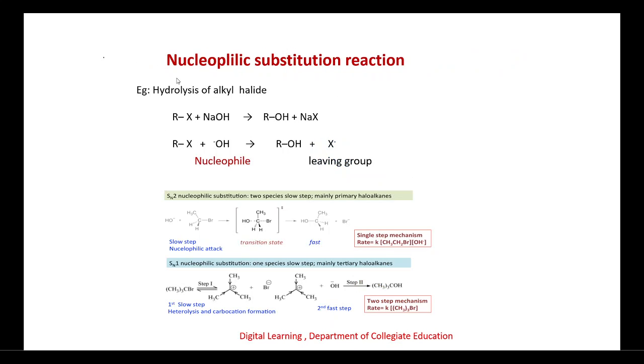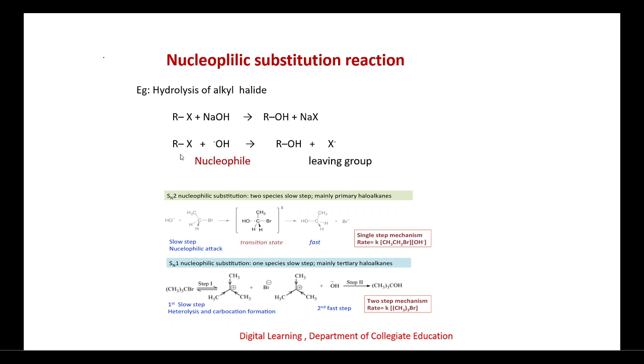Coming to the next type of substitution reaction, the nucleophilic substitution reaction. When the substitution reaction involves the attack of a nucleophile, the reaction is called a nucleophilic substitution reaction.